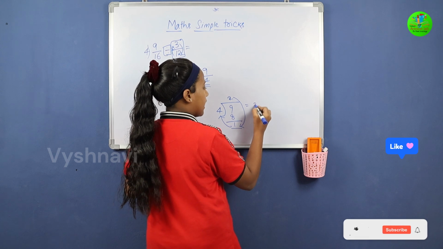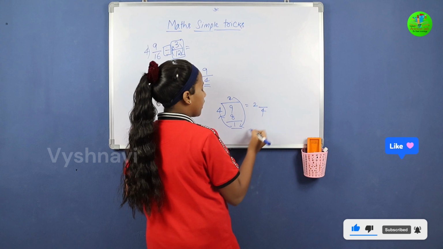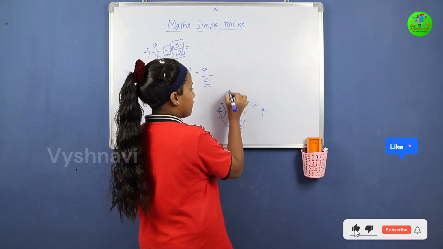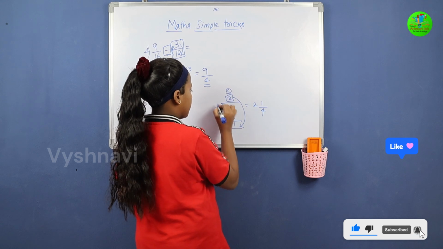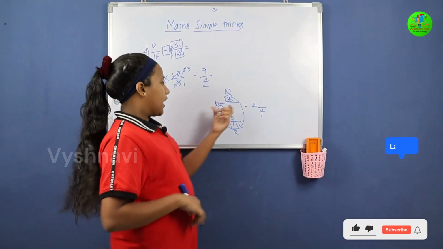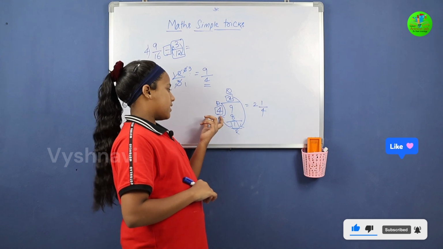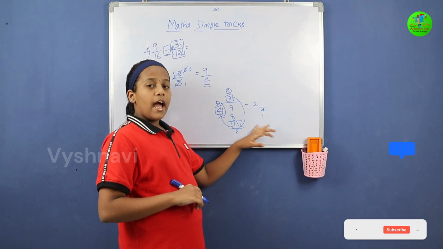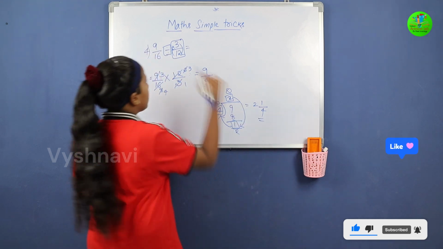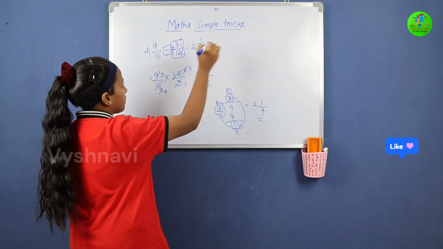The quotient is at the side, the divisor is in the denominator, and the remainder is in the numerator place. This is the mixed form. Then what is this answer? 1 by 4 is the answer of this.